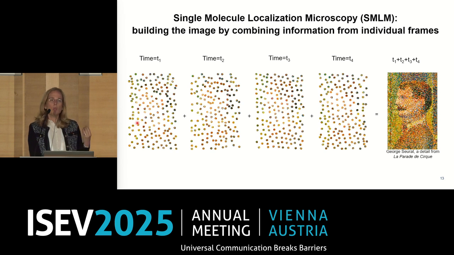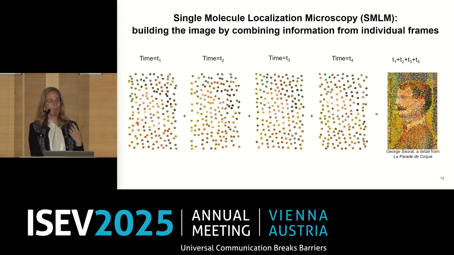And where is the challenge here? Well, what if my question is how many molecules I have in my mustache, right? This is a beautiful mustache from George Seurat's pointillistic painting. Remember, molecules turn on and off. I have localization.